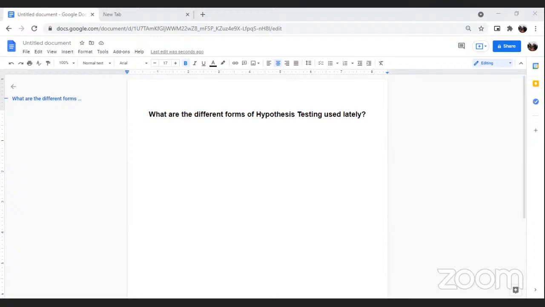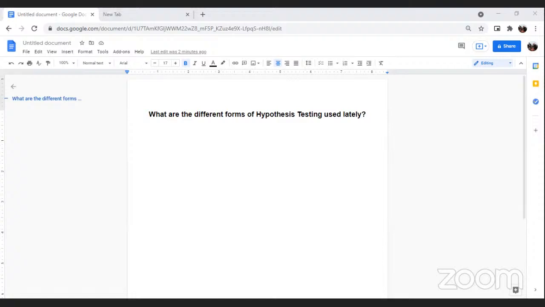Kritik, null and alternative hypothesis are a part of hypothesis testing. They are a part and principles of hypothesis testing, right?